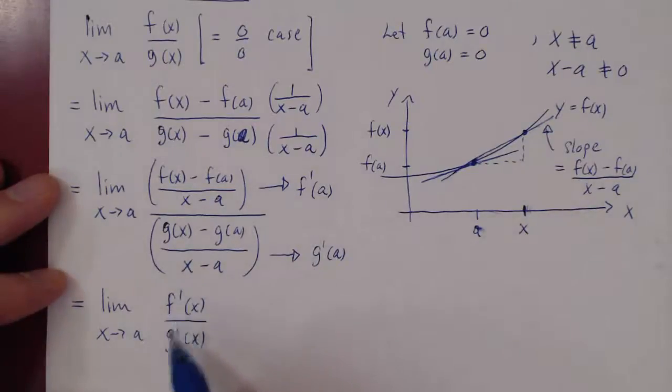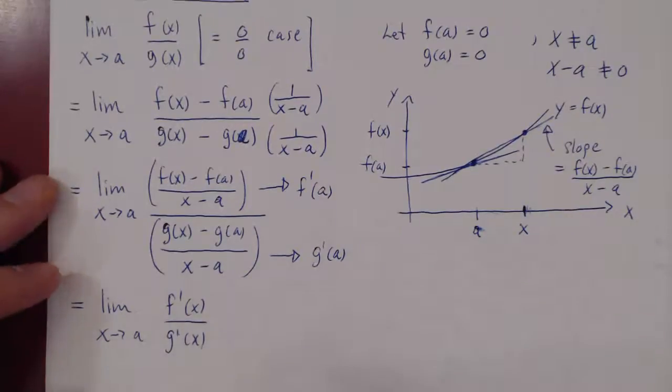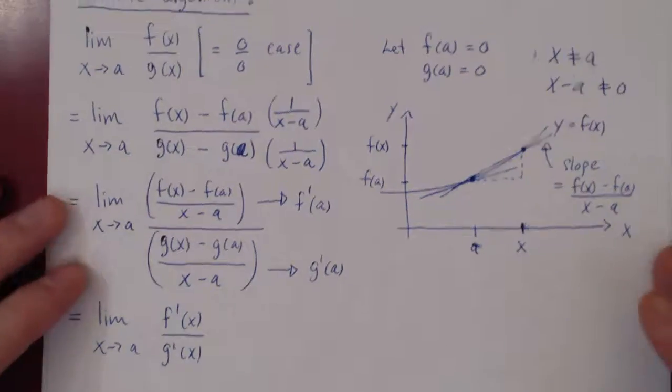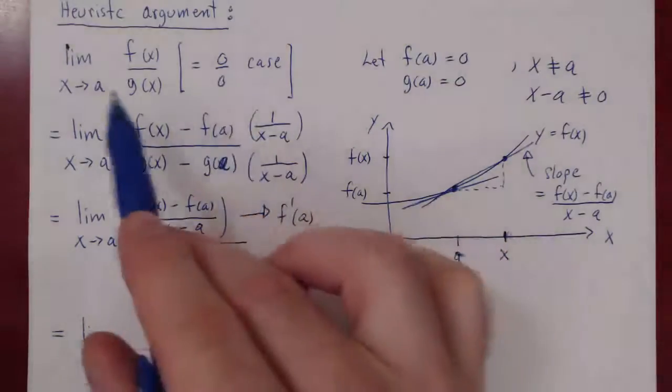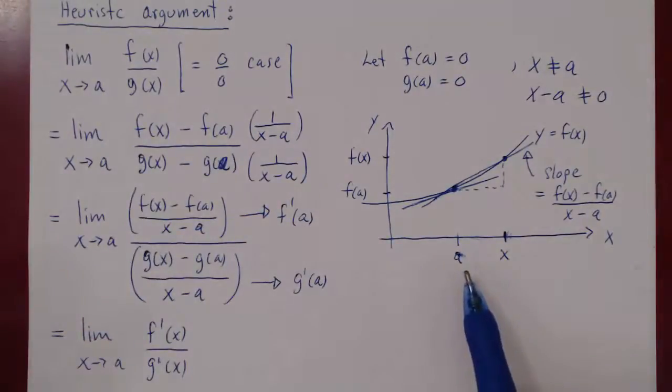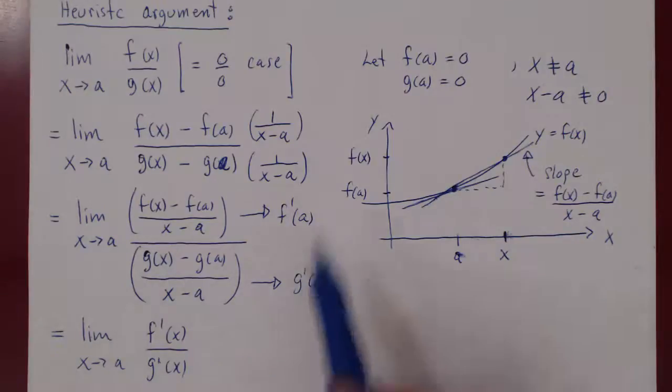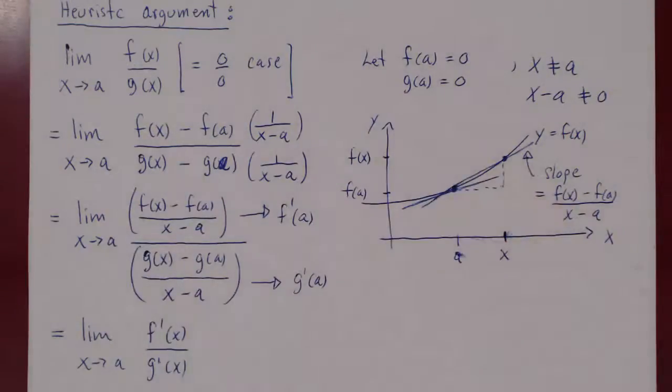If the derivatives of f and g are both continuous, then as x approaches a, f prime of x will approach f prime of a, and g prime of x will approach g prime of a. So this is a sketch of the proof of L'Hopital's rule in the case of a 0 over 0 case where a is a finite number, assuming that the two derivatives are continuous. But as I said, the general proof is more intricate, so we'll leave it to this heuristic argument.